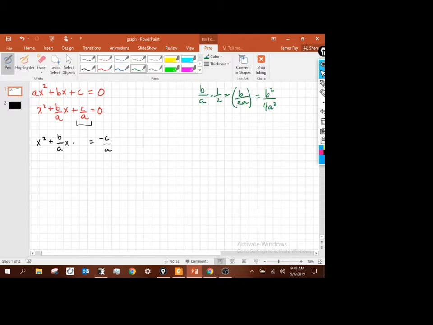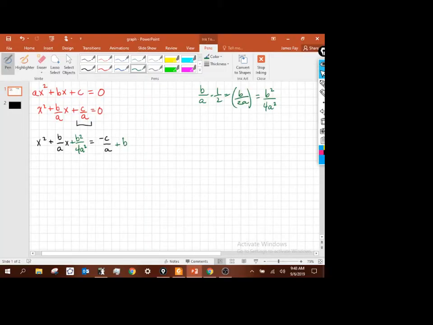And that is what you add to both sides. B squared over 4A squared plus B squared over 4A squared. This is then that procedure, when we did it with specific values, turning the left-hand side into a perfect trinomial. It should be able to be rewritten as x plus something squared.